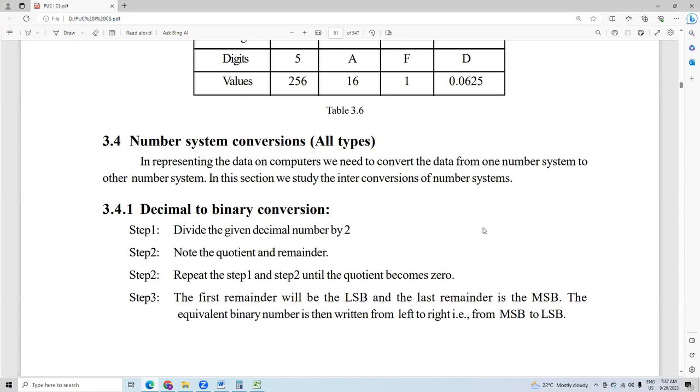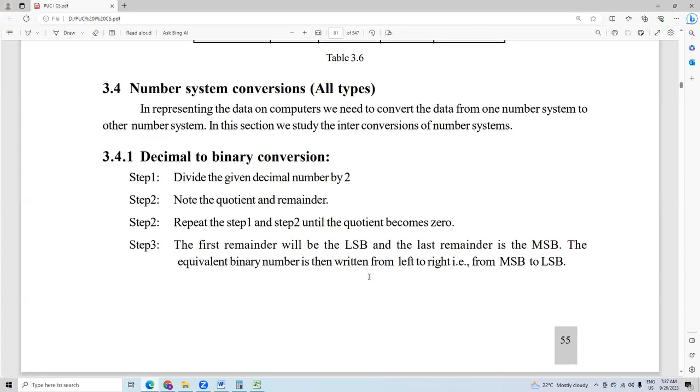And especially numbers with decimal values, those conversions you must know very perfectly. Then only it will be useful. And in the exams, these kinds of conversion questions will surely be there. So that's why everyone, concentrate on this part perfectly. And after watching this video completely, you take some extra examples and try them.